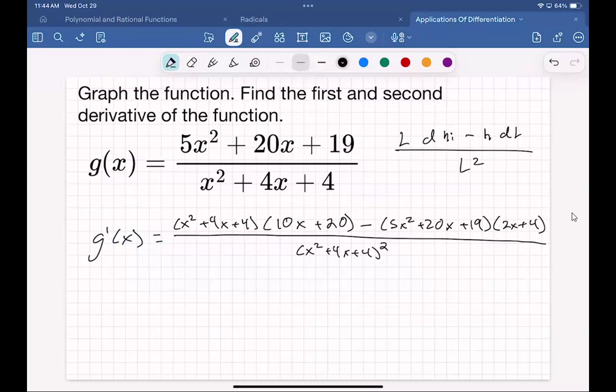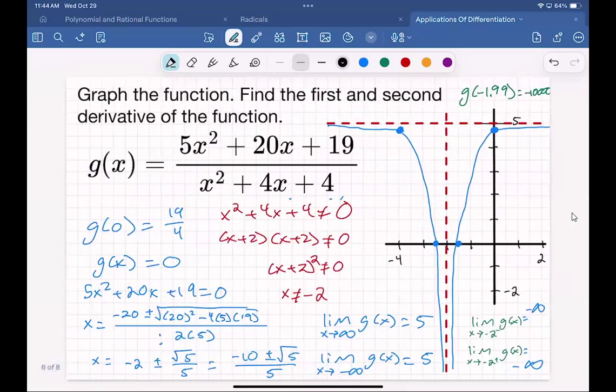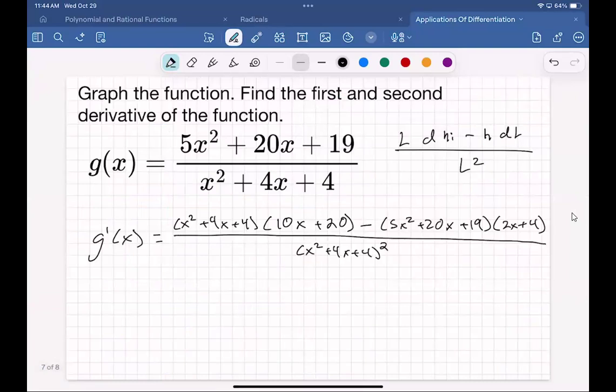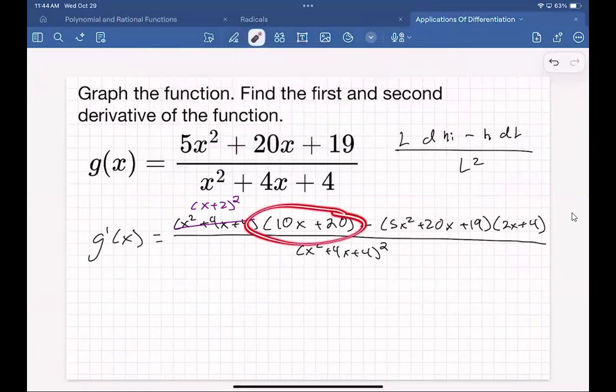Now, this is pretty ugly as far as having to clean it up, right? One thing I would encourage you here is if you didn't put it in the factored form over here, try to make sure to use the factored form for the derivative. That'll help you a little bit. What you'll find is if I go change all these, this right here was x plus 2 squared, as I showed you with the restrictions. What can we factor out of these two here?